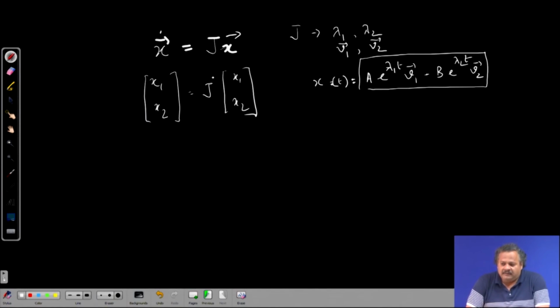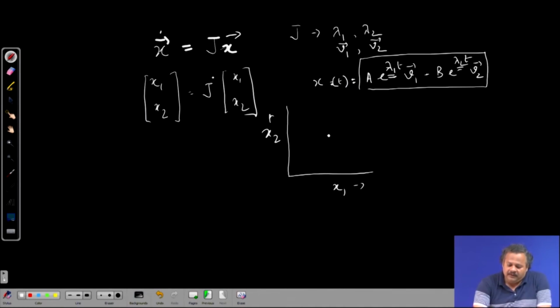So, the behavior of the system near the equilibrium point, let us say here this is x 1, this is x 2, will be determined actually now by these eigenvalues lambda 1 and lambda 2, because if we have v 1, let us say v 1 is this direction and v 2 is in this direction.